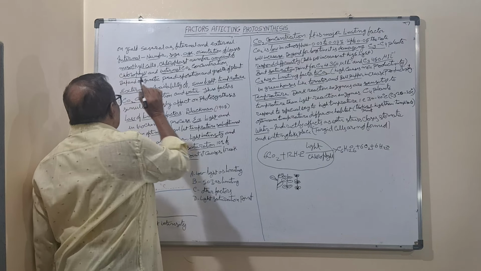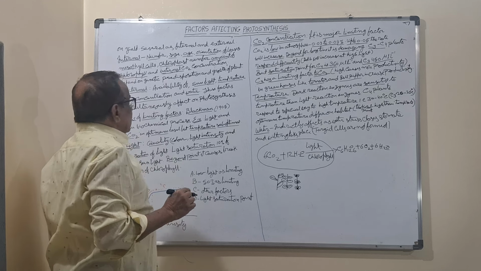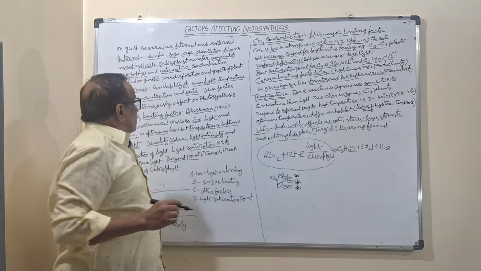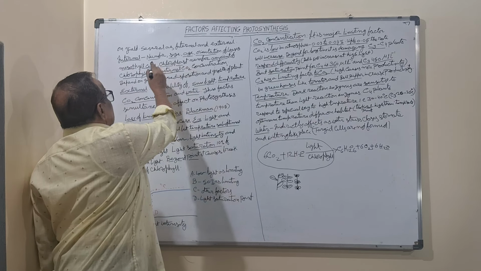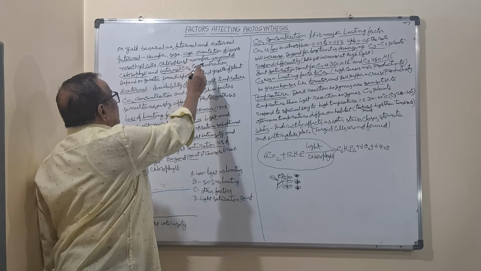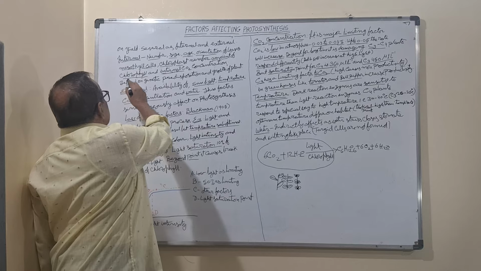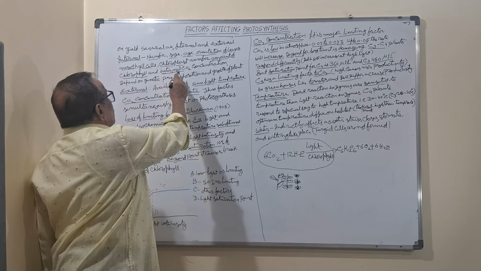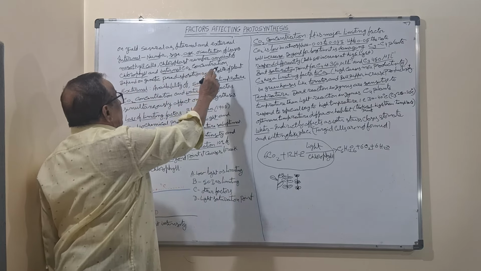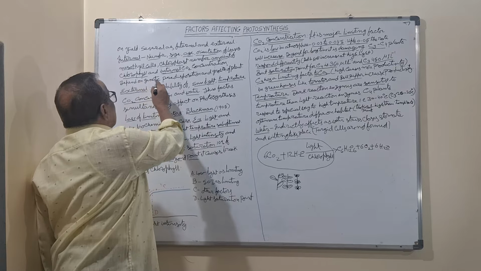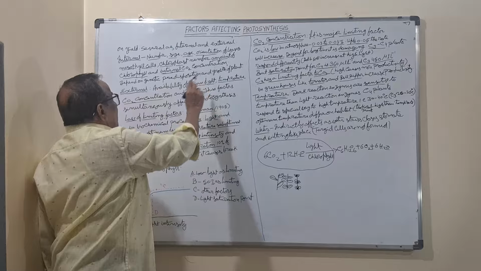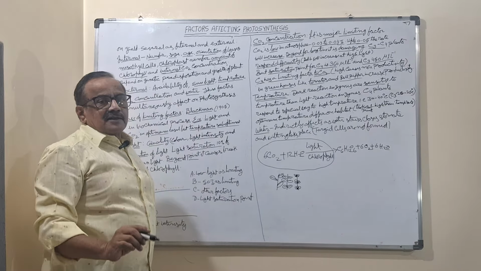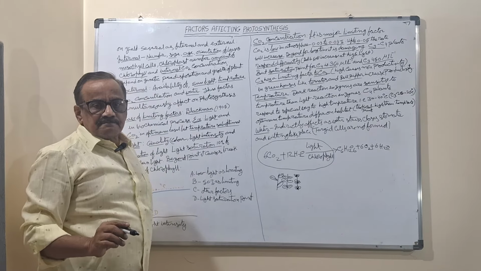First, these are the internal factors: number, size, age, orientation of leaves, mesophyll cells, chloroplast number, amount of chlorophyll, and internal carbon dioxide concentration. All these are internal factors.